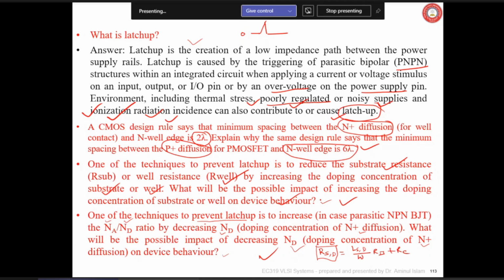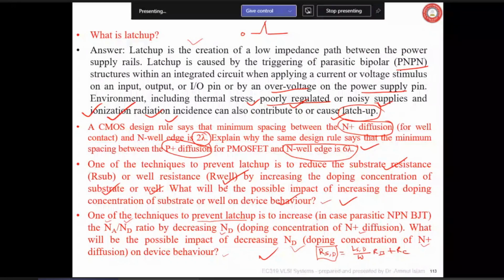Can you say what is going to happen if you increase the doping concentration to reduce R well or R sub? This must be answered by you at this time. We just discussed: VT increases, wait increases, circuit speed will be less.